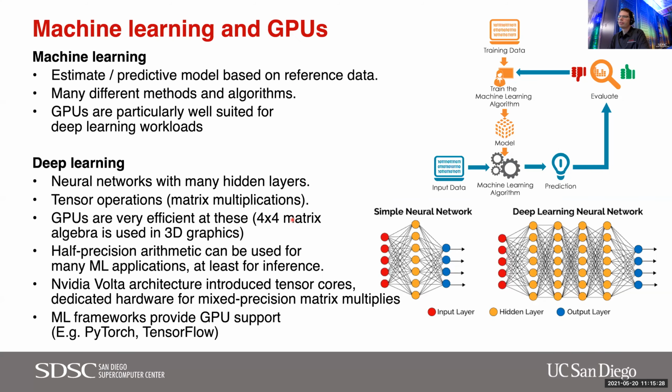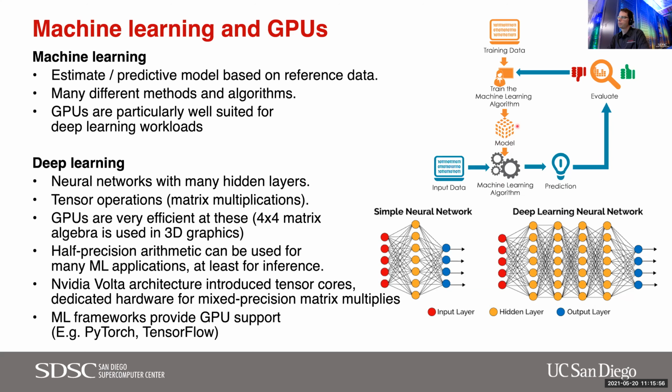I just wanted to briefly talk about machine learning and GPUs, just a single slide, and why that actually is such a big thing for GPUs at the moment. So what you want to build in machine learning is a predictive model. You have some data that you train on, and you have a model that you implement.